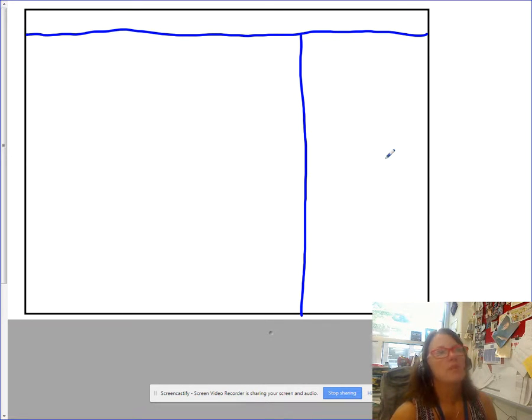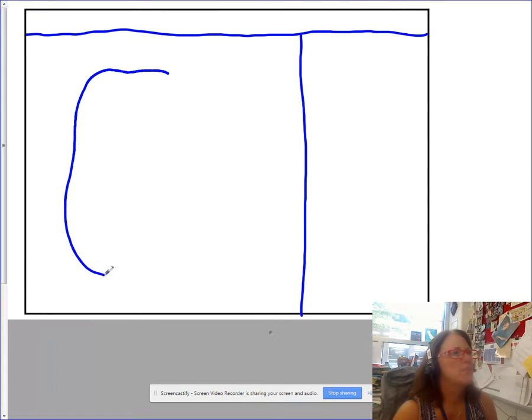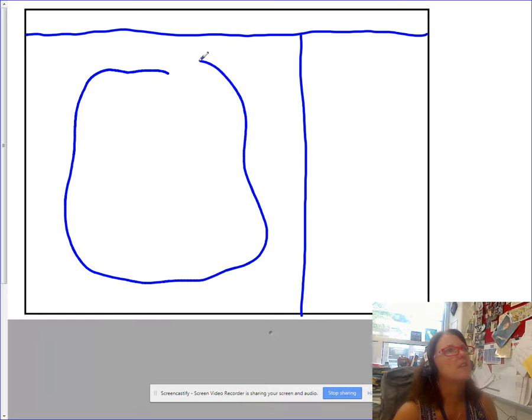Then we're going to leave this side as is. I'm going to come into my bigger area, and if you want to make it look like a nice oval, you can, but I'm just going to make a fairly big blob in here, okay? And then do the same.